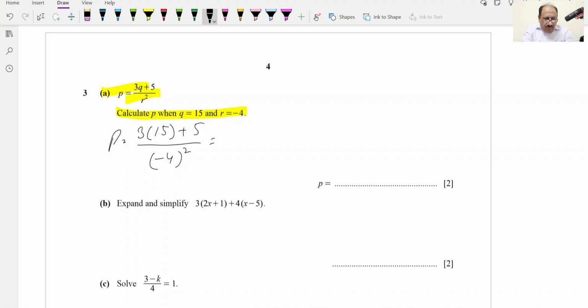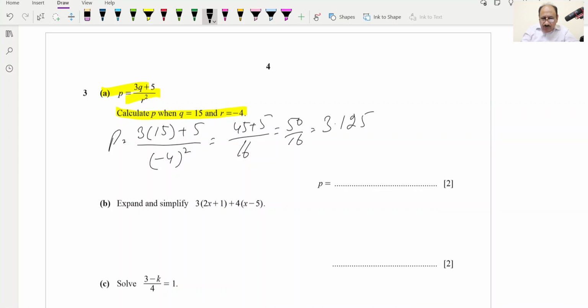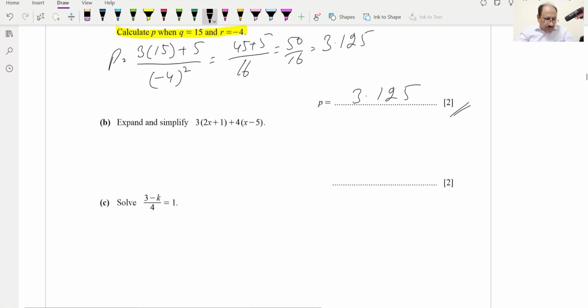Now this will be 45 plus 5 over 16, and this will be equal to 50 over 16. 50 over 16 will be equal to 3.125. 3.125 will be our final answer for this 2 marks question.